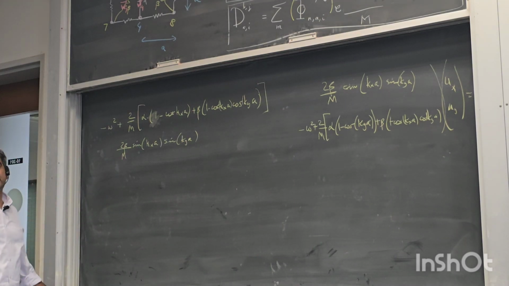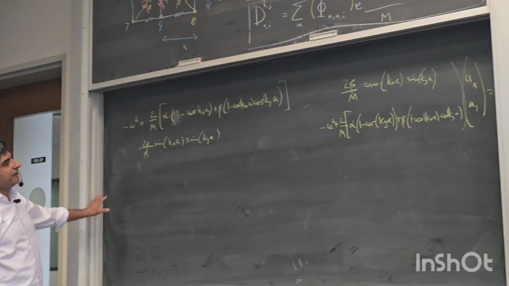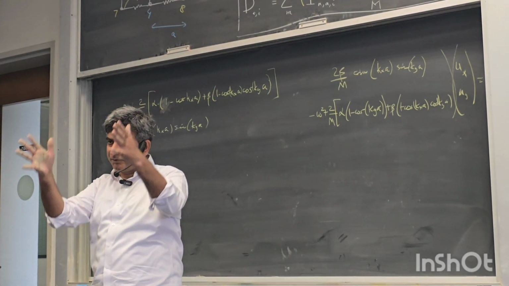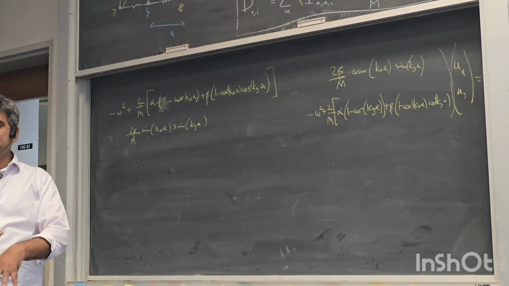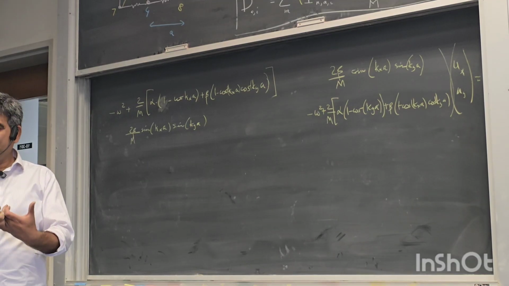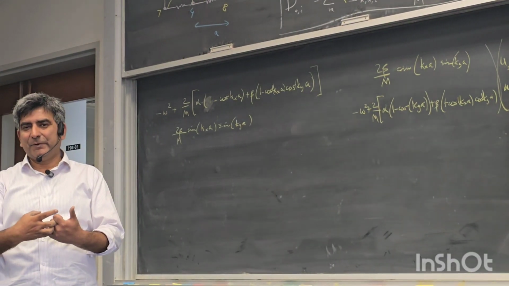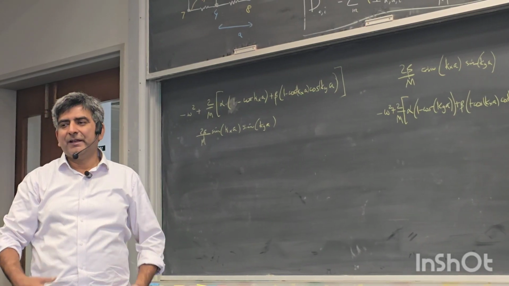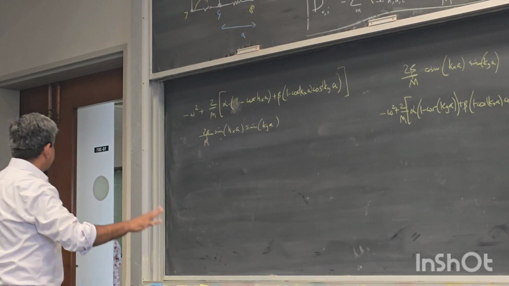From here I can find the dispersion relationship. If I take this matrix, find its determinant, and equate it to 0, I will get a relationship of omega squared, the frequency squared, with k's. Okay. Now suppose I would like to plot these dispersion relationships.